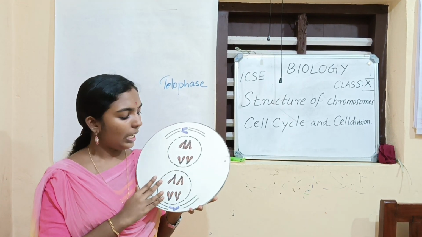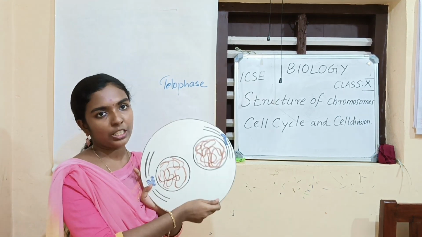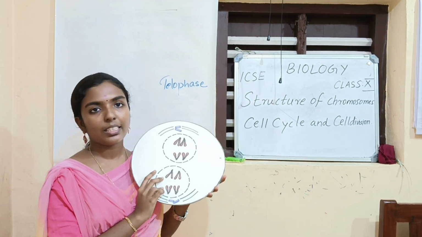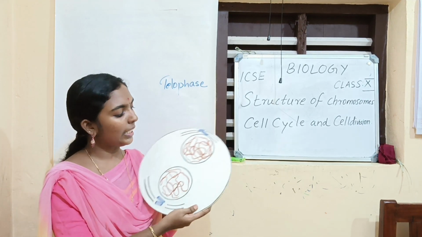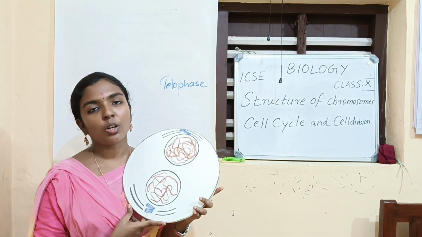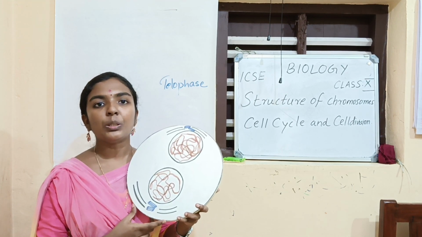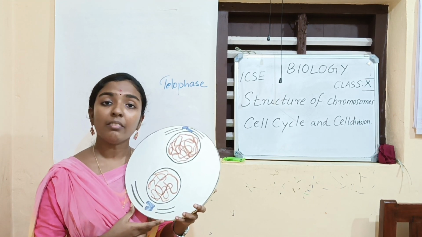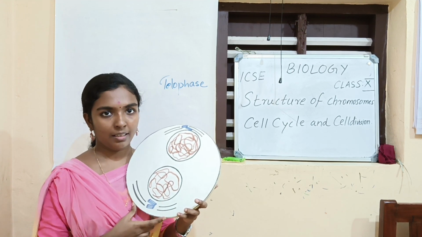This is early telophase and this is late telophase. Here you can see two sets of daughter chromosomes reach the opposite poles, the chromatids thin out in the form of chromatin reticulum, and the nucleoli and nuclear membrane reappear.